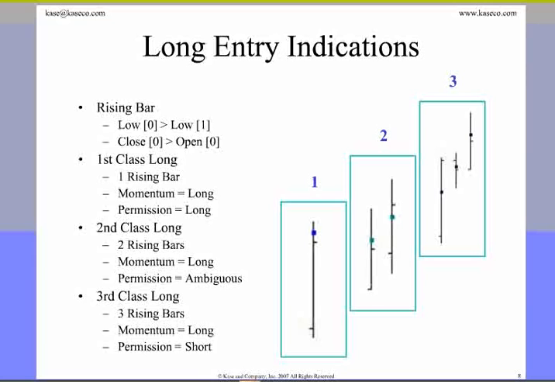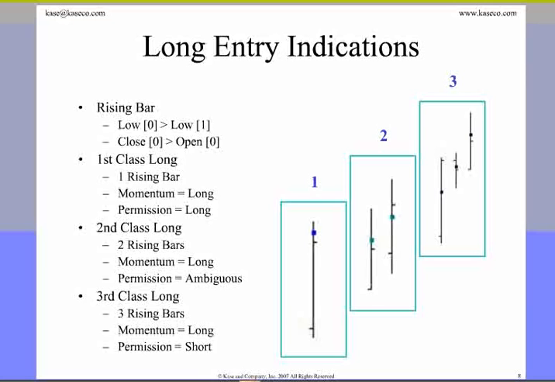So we have one of 3 situations when your crossovers are to the long side. You can have the crossovers long and the permission long. You can have the crossovers long and the permission ambiguous, and you can have the crossovers long and the permission short.